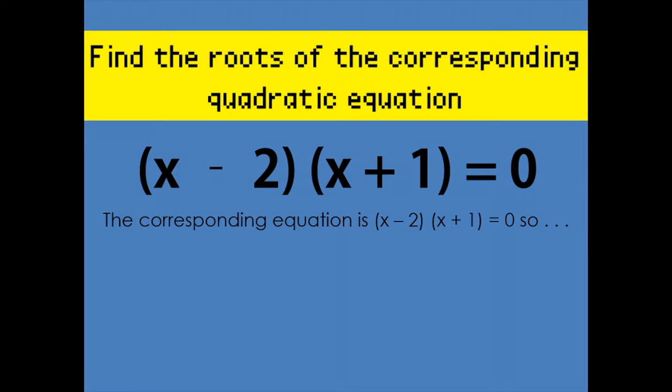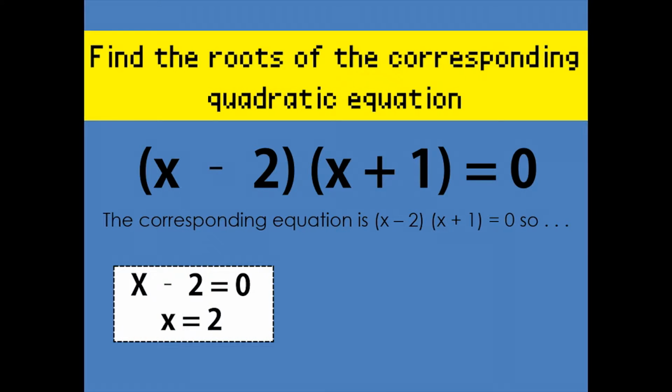The corresponding equation is mentioned before, so we have x minus 2 equals 0. Now, here's the thing. We need to turn this one into just an x.